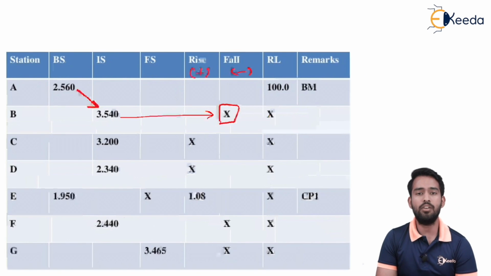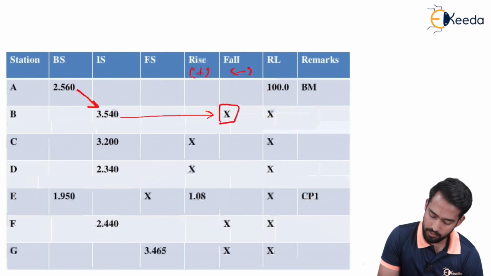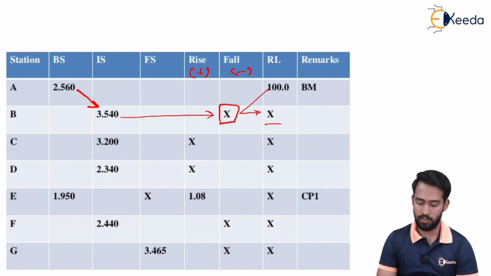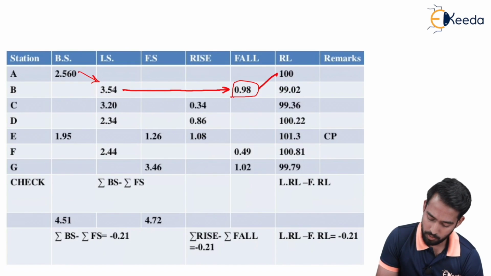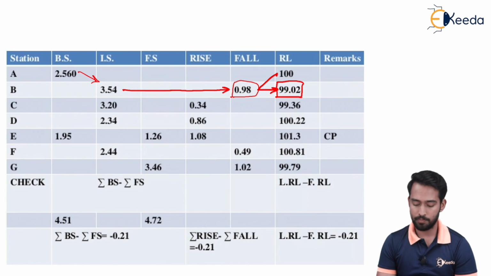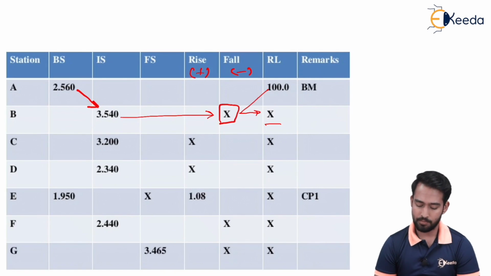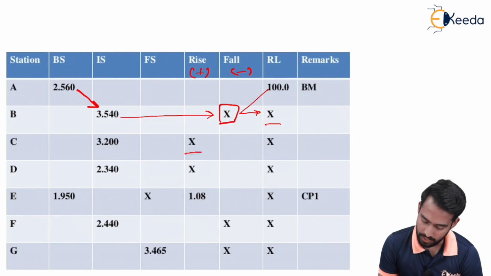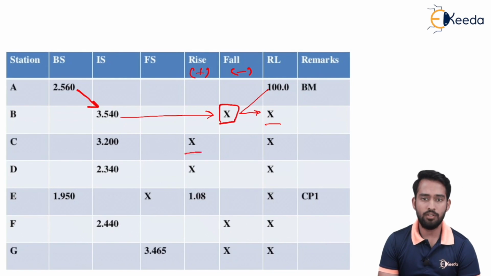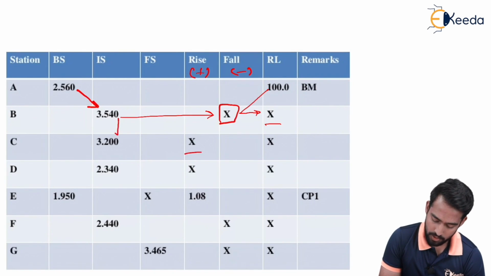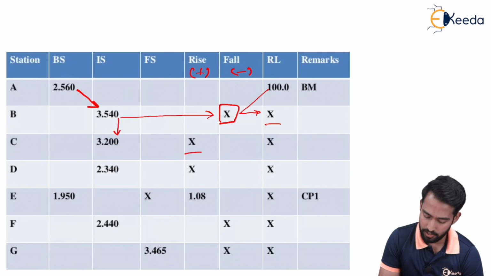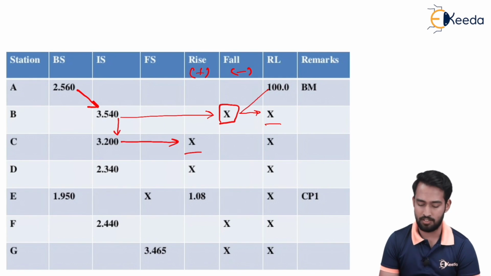Now, next, we have to calculate the RL of the next point. How do we calculate the RL of the next point? RL of the previous point plus fall will give us the RL of the next point. So RL of the first point minus fall, the answer is 99.02. Next missing data, we have to calculate the rise. How do we calculate rise? Previous point minus next point. If the answer is positive, it is rise.